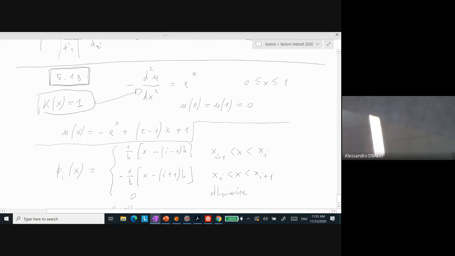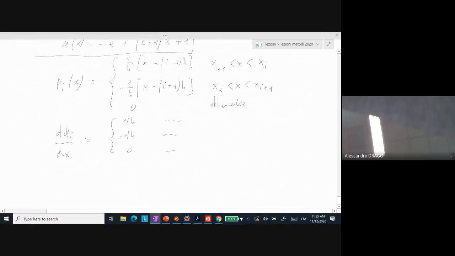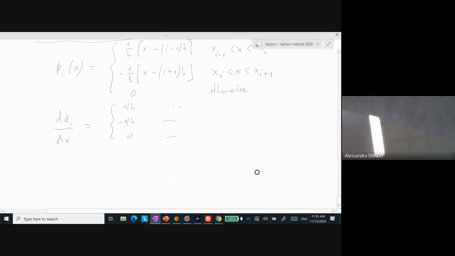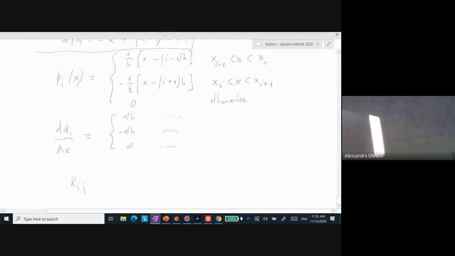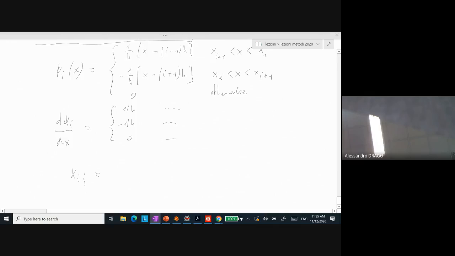This means that our matrix is extremely simple, because the matrix K ij, with k equal to 1, is just the integral of this type of objects. We have already noticed that it is tridiagonal.